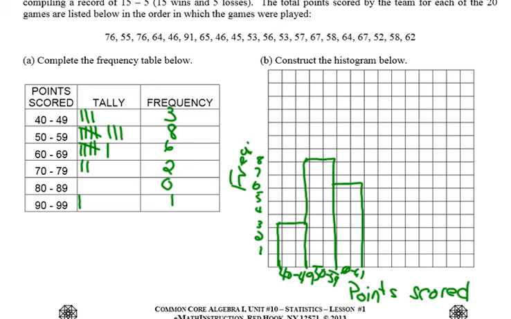In the 70s we had 2. We had no one there, so that should be at a 0, and then we had 1 person. Okay, so when you're doing a frequency table, your ranges, your intervals always have to be the same size, and they can't overlap or skip anybody.